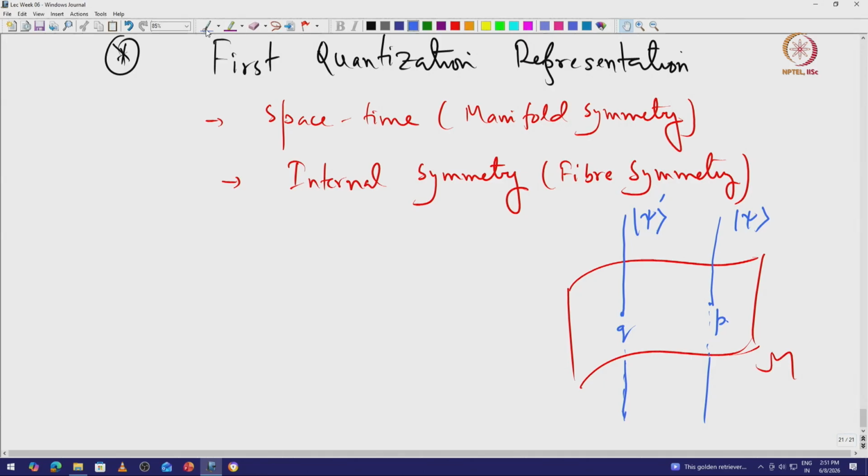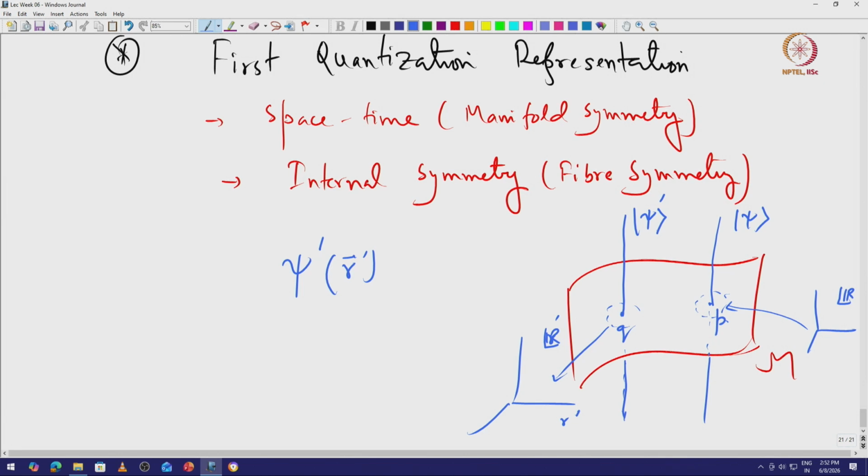So, what I said, inverse transform into, and let us choose some, at this point we chose some coordinate system to some chart R, and that is my R prime, or let us call it R prime, and at this point we choose some chart which is some point R, and this is some point R prime.